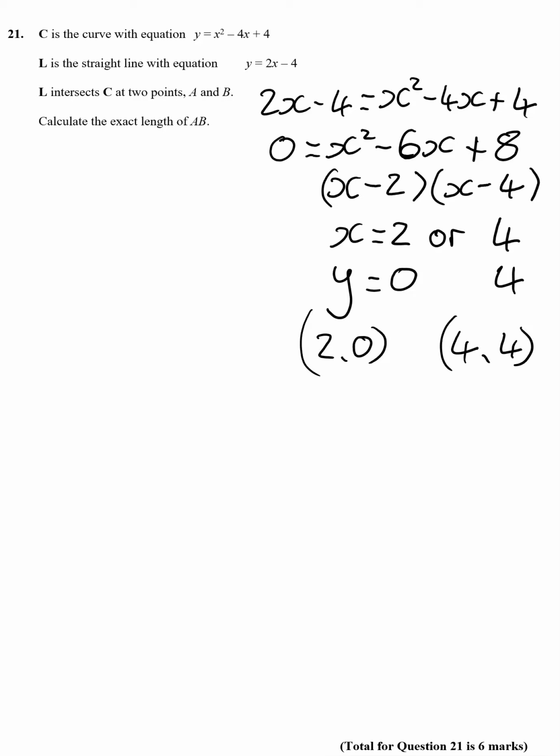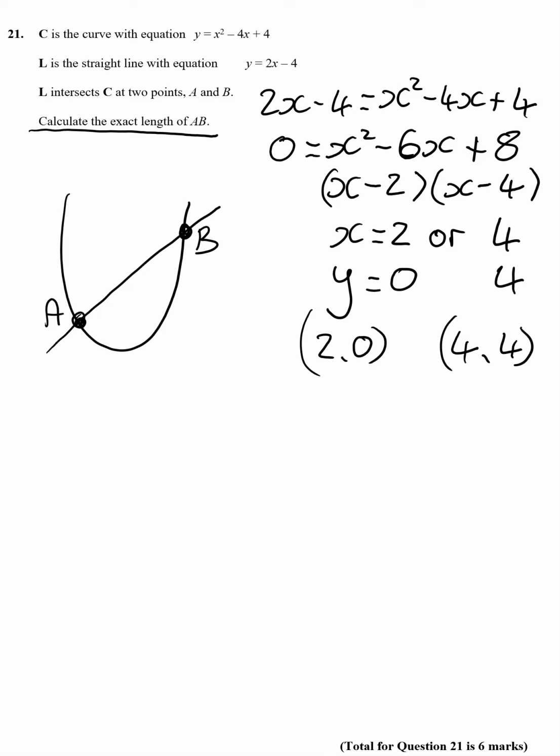Now, we need to work out the exact length of AB. So what's actually happening is we've got a curve like that, we've got a straight line like that, we've got A and B, and therefore we need to work out that length, which we can do with Pythagoras.